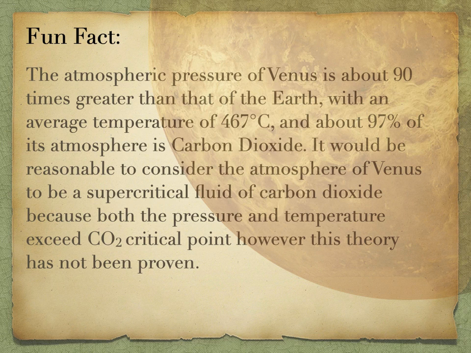So it'd be reasonable to consider that the atmosphere of Venus is probably a supercritical fluid of carbon dioxide, although given the very extreme conditions, it'd be super hard to test that out because most of the equipment that you would send in to sample that atmosphere would get destroyed under those conditions. So that's a little introduction to phase diagrams and states of matter.